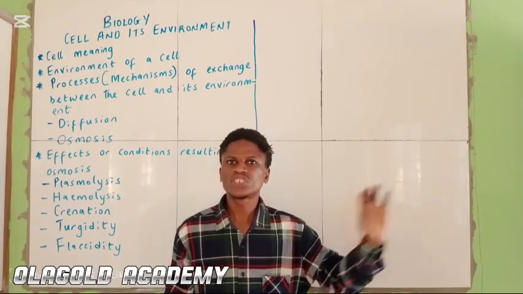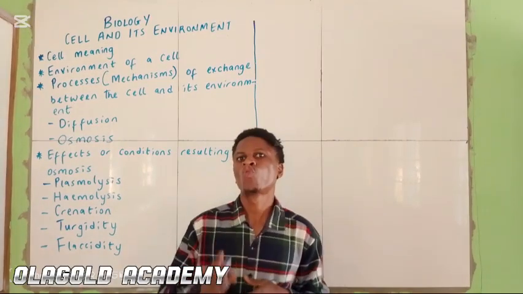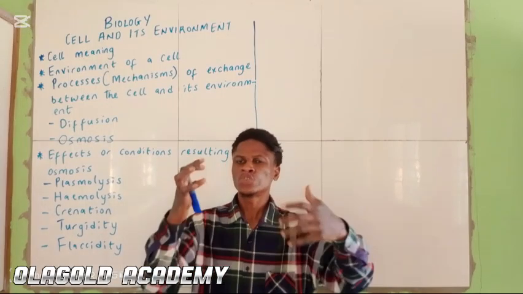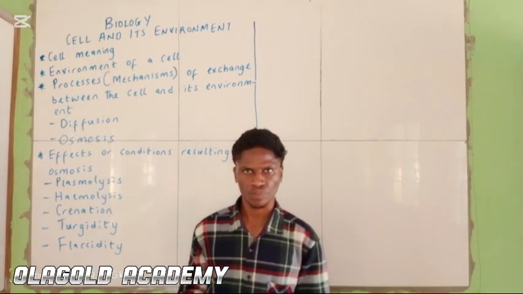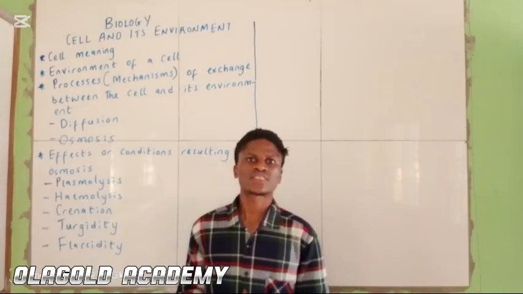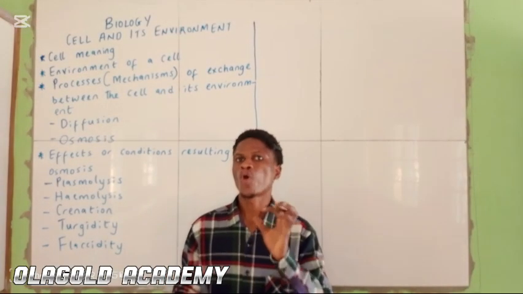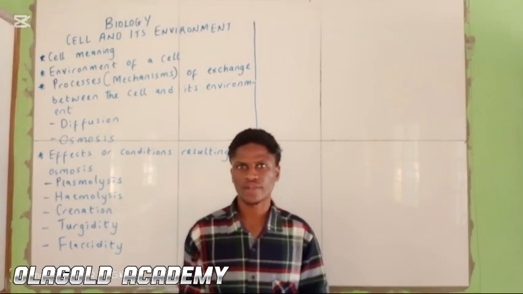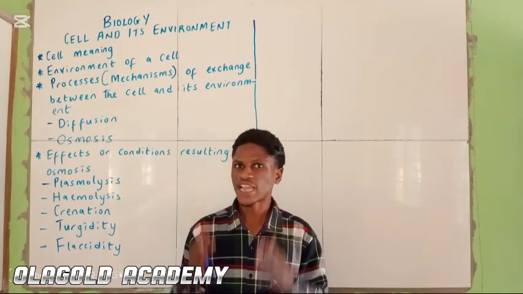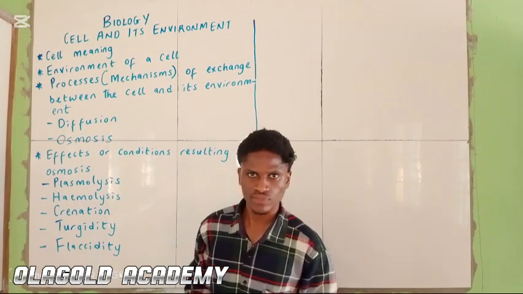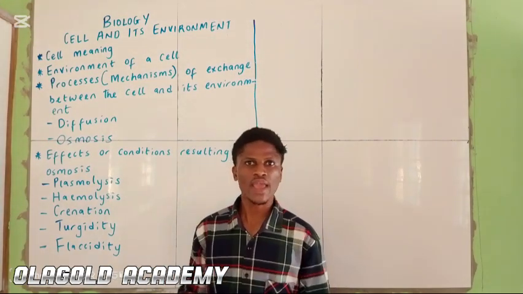The aroma from the kitchen diffuses to where we are sitting. Another instance is when someone puts on a perfume. Even though we are seated far from the person, the scent of the perfume gets to where we are. So what happens then? There is diffusion. The scent of the perfume diffuses to where we are seated.